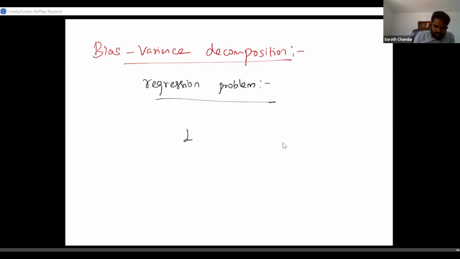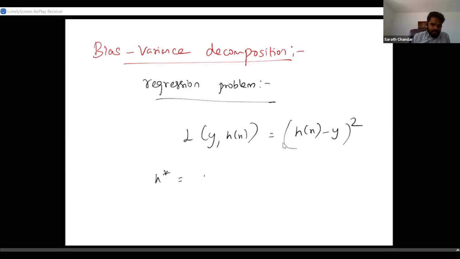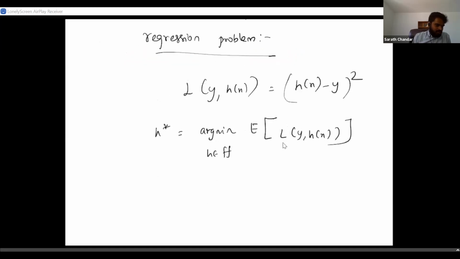My loss L of y comma h of x is given by h of x minus y the whole square. Now h star is given by argmin of the expected value of L of y comma h of x, where h belongs to all possible hypotheses, right?